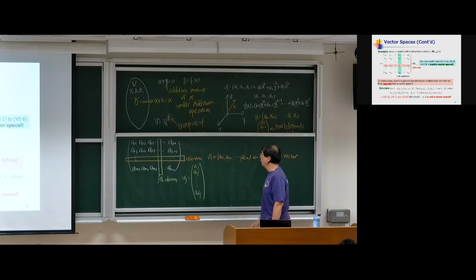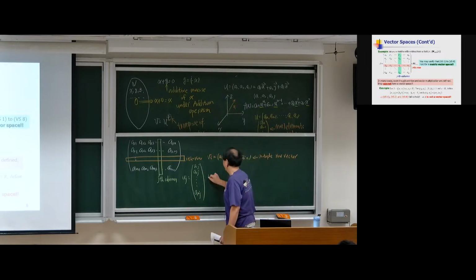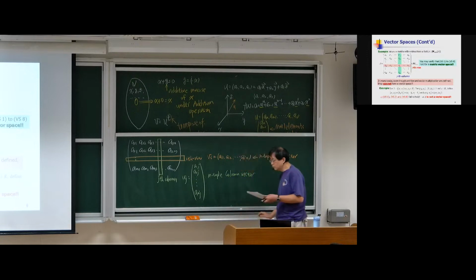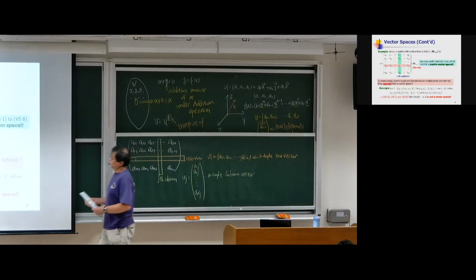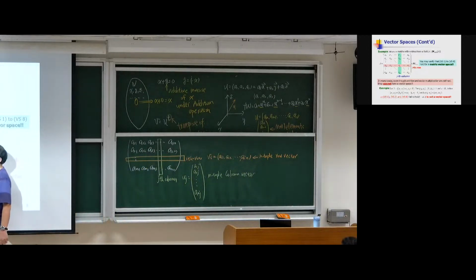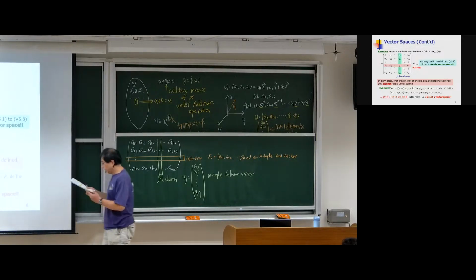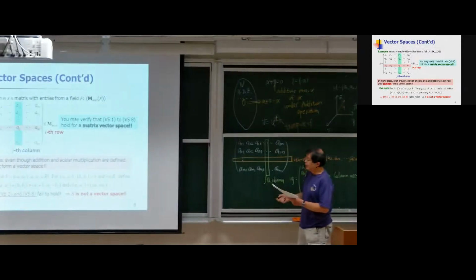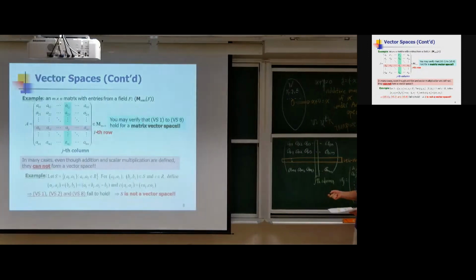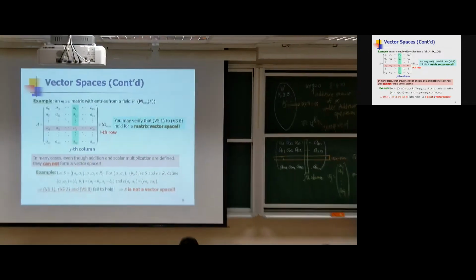So here, this is an m-tuple column vector. So for a matrix, actually we can have m row vectors and n column vectors. So we can have this definition.